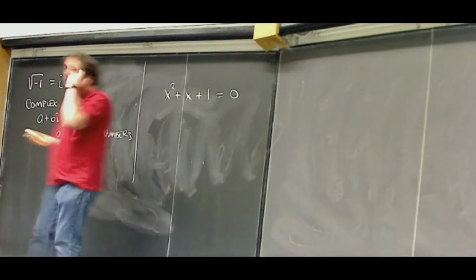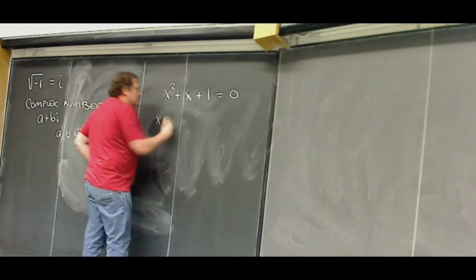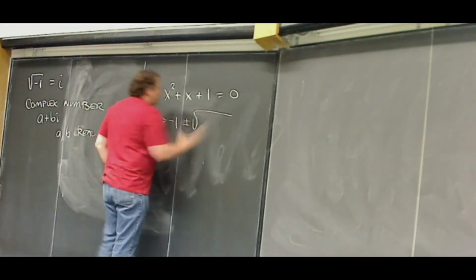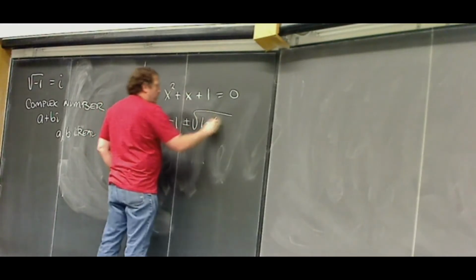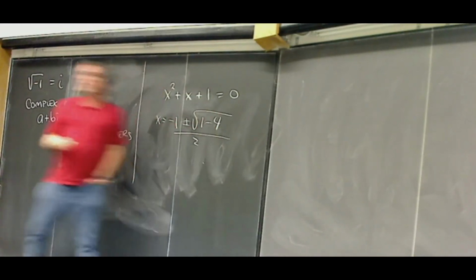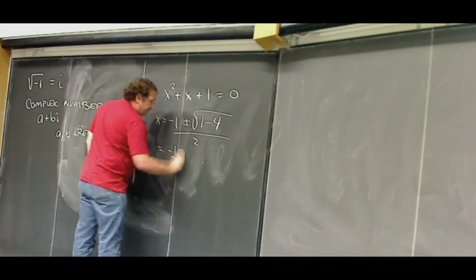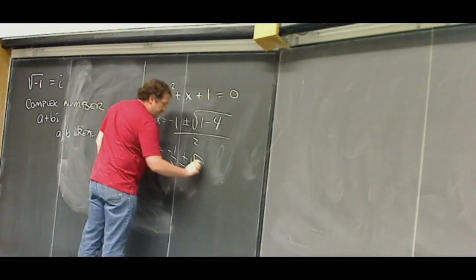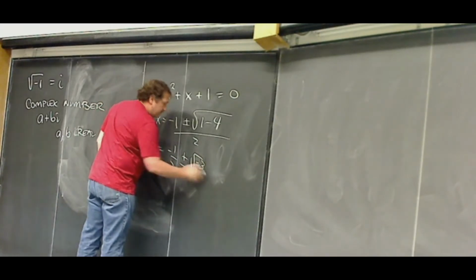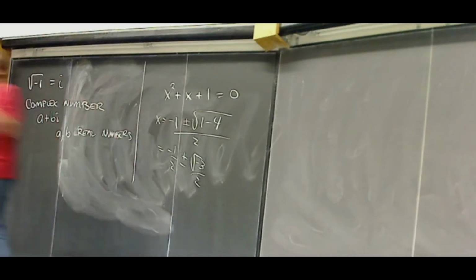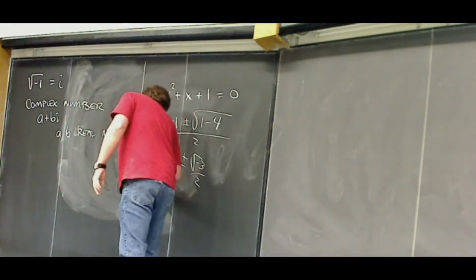I mean, if we try this using the quadratic formula, we would get x is -1 plus or minus the square root of 1 minus 4 over 2, which is -1/2 plus or minus the square root of -3 over 2. And in many applications, we just say there are no solutions. To be a little more precise, we say that there are no real solutions.